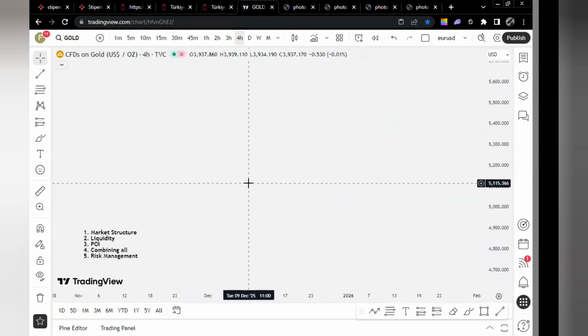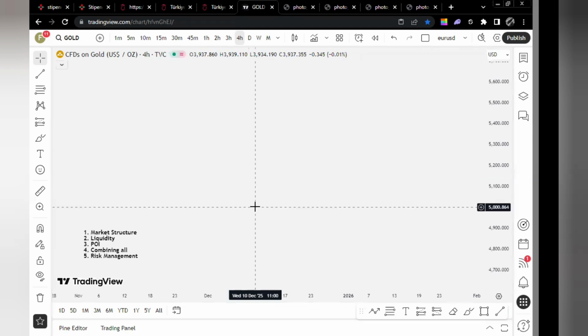Great. So before we move deep into liquidity and also advanced market structure, what is liquidity? That should be the question of the day. I'll give you just a simple word defining liquidity.